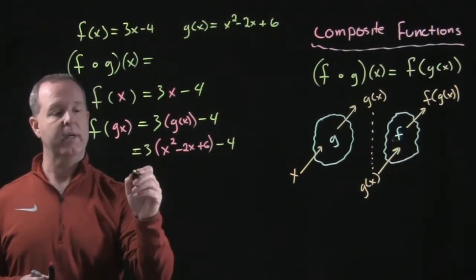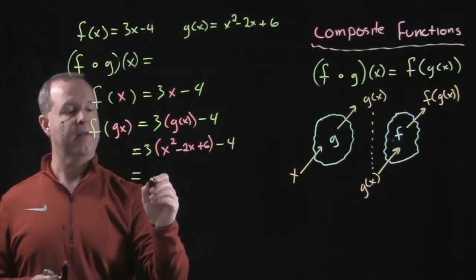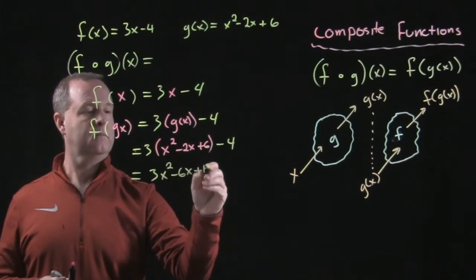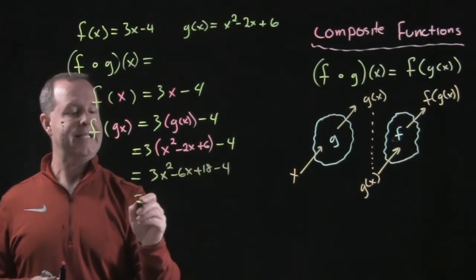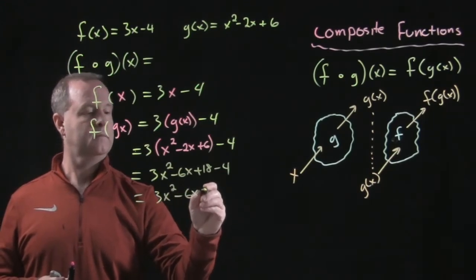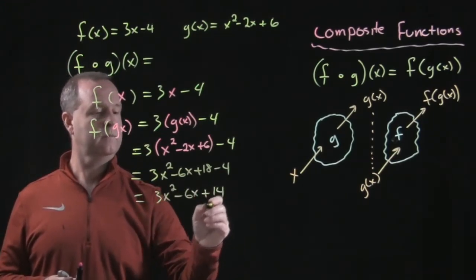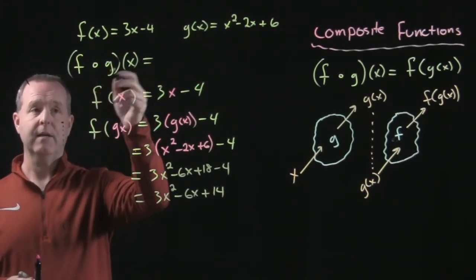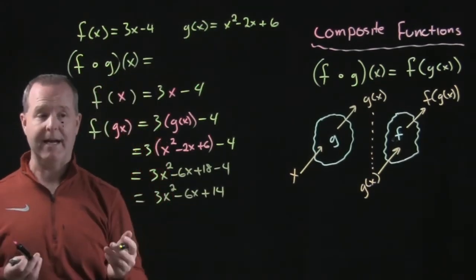Then we go ahead and reduce that down, distribute the 3 across. Lastly, I can combine some constants. And there we have the composite function of f with g, or f composed with g of x.